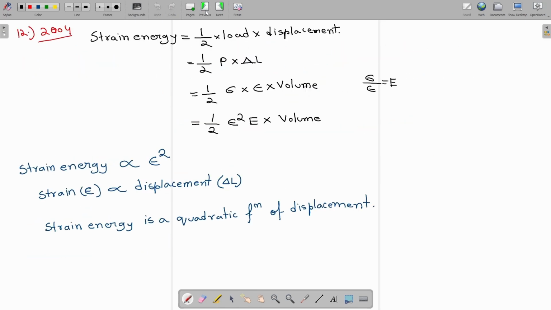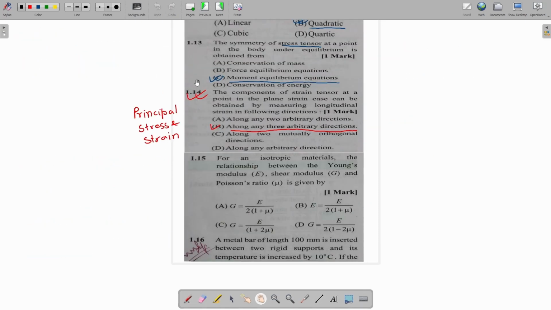Now, for the next, question number 16 is a bit important question. A metal bar of length 100 millimeter is inserted between 2 rigid supports and its temperature is increased by 10 degrees Celsius.